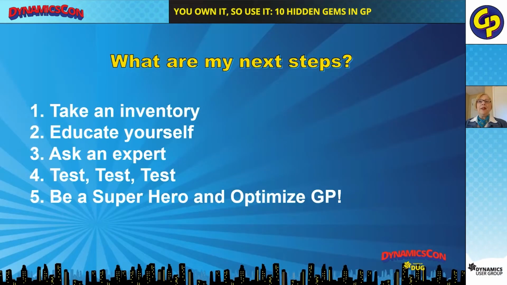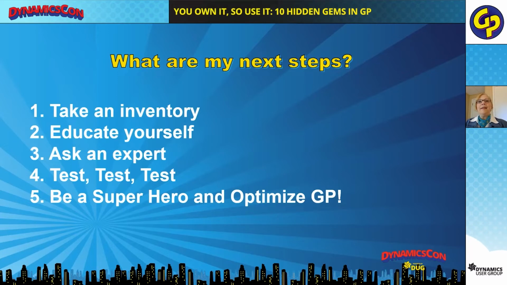Ask an expert, talk to your partner. I always like to let my partner know or be involved, because sometimes they're going to have to support you and they're like, wait a minute, you have what installed? So make sure you ask for help and guidance. Don't just try to do something on your own without getting their input first.